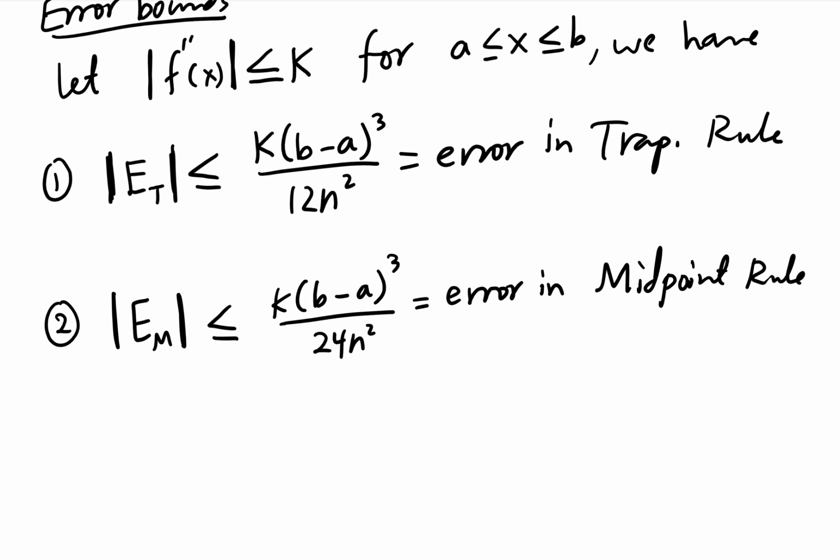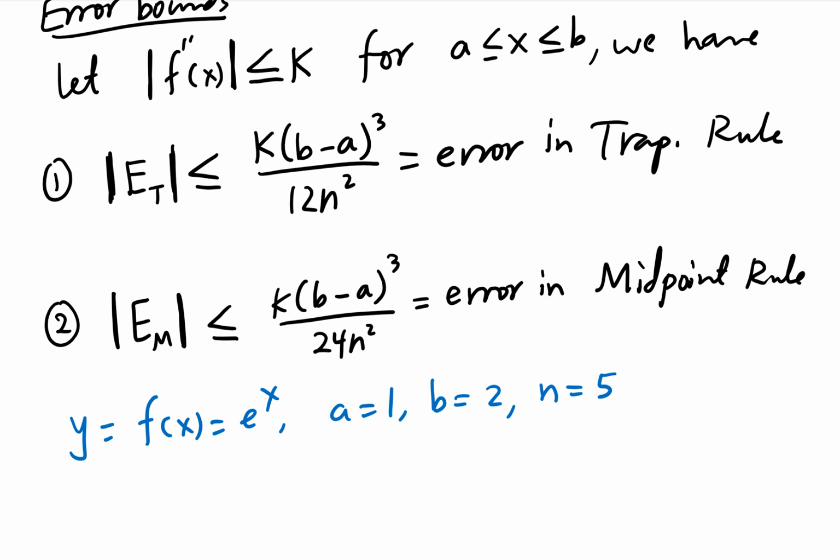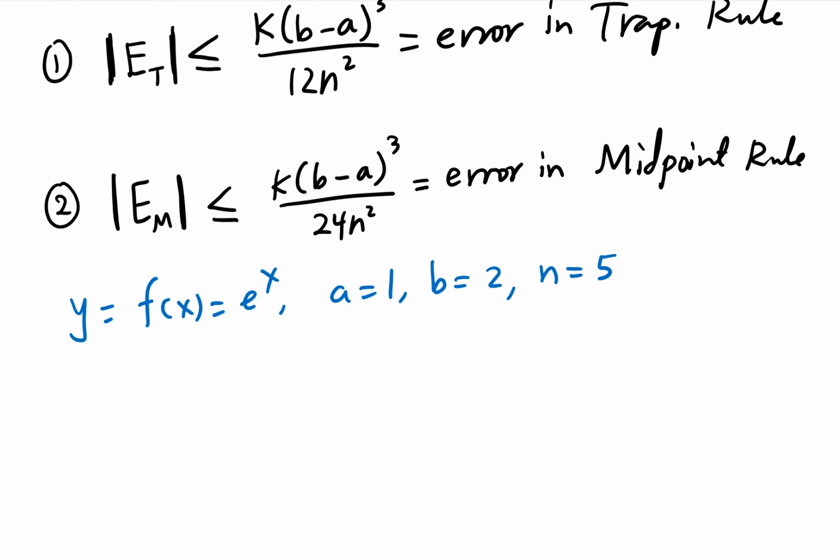So again, in the previous example, the function was e to the x. We had a equals 1, b equals 2, and we chose n equals 5. So how do we find the error bound here for the trapezoidal? k is going to be a value we find here, and the smaller the k, the better.